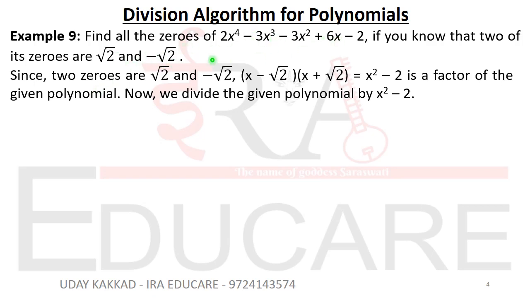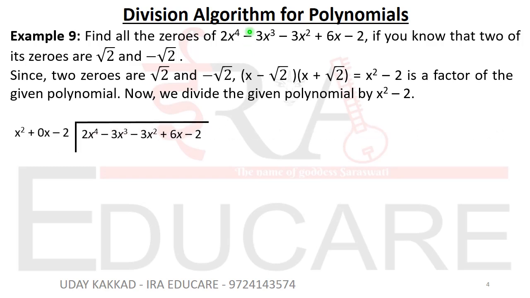So the polynomial which comes from these 2 zeros is always a factor of this polynomial, right? So now we divide the given polynomial by x square minus 2. After that we get a quotient which is also a factor of this polynomial, right?